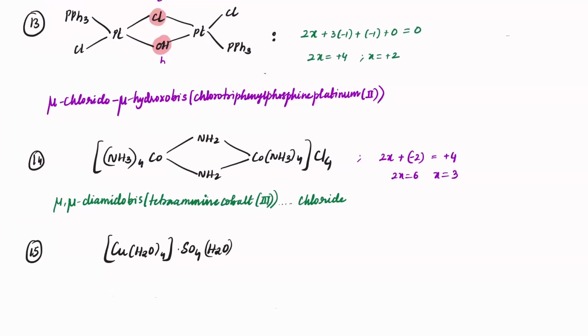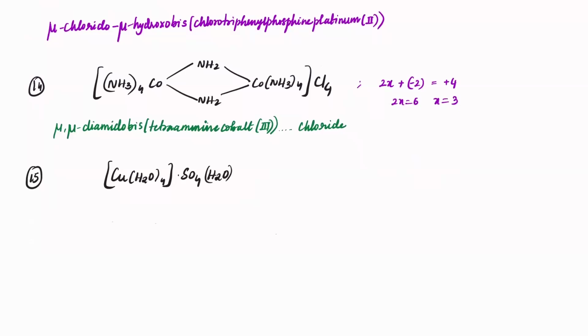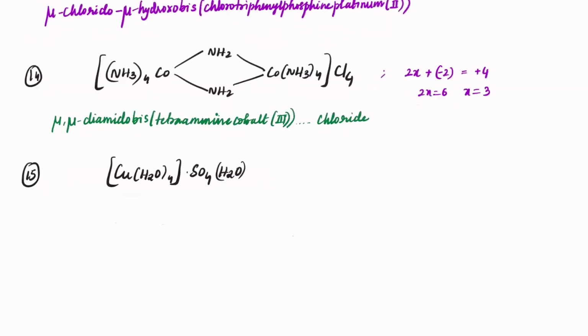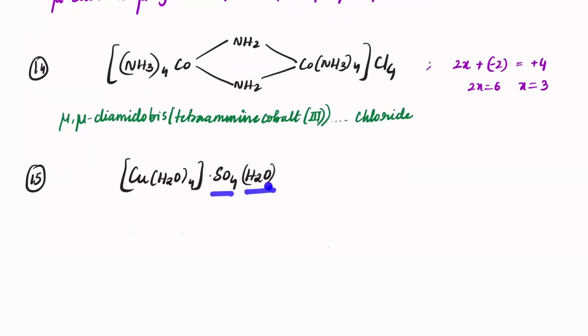This is about the 14th one. Check out the 15th one. CuSO4 dot H2O. If you have it like this, we simply do not write it as sulfate or some water molecule here. We usually write it this way.